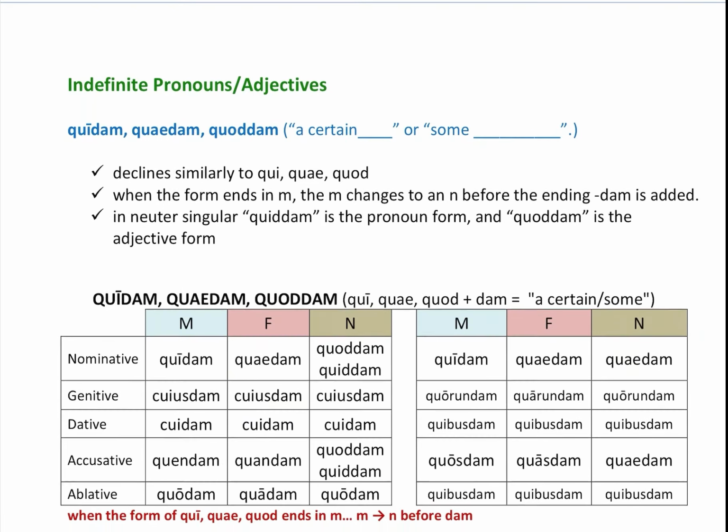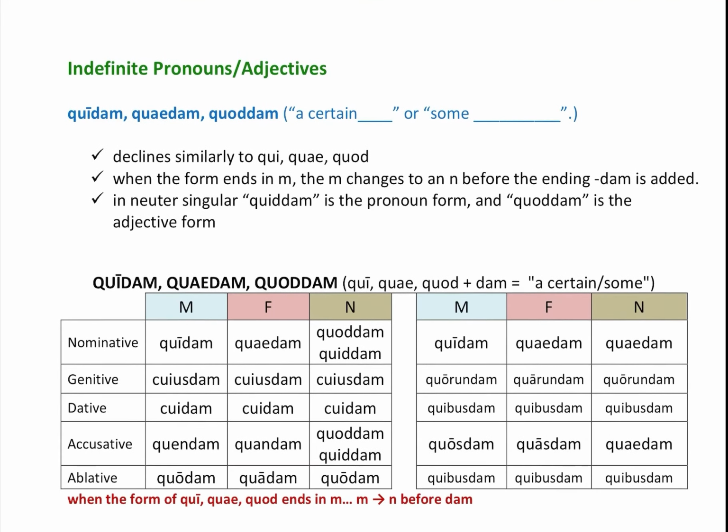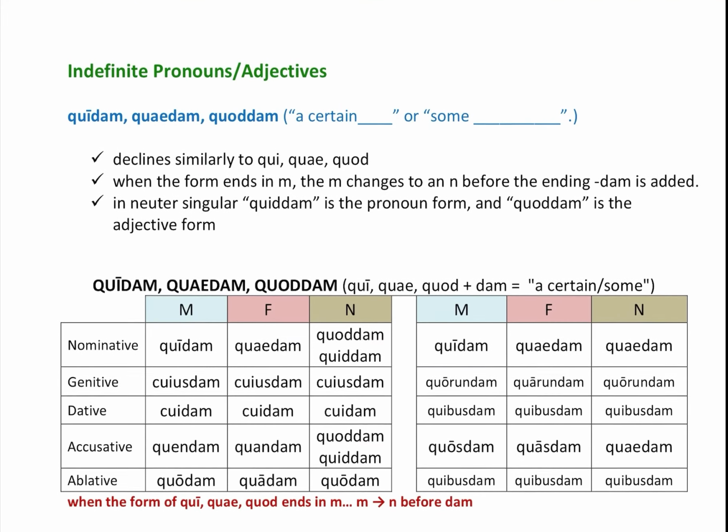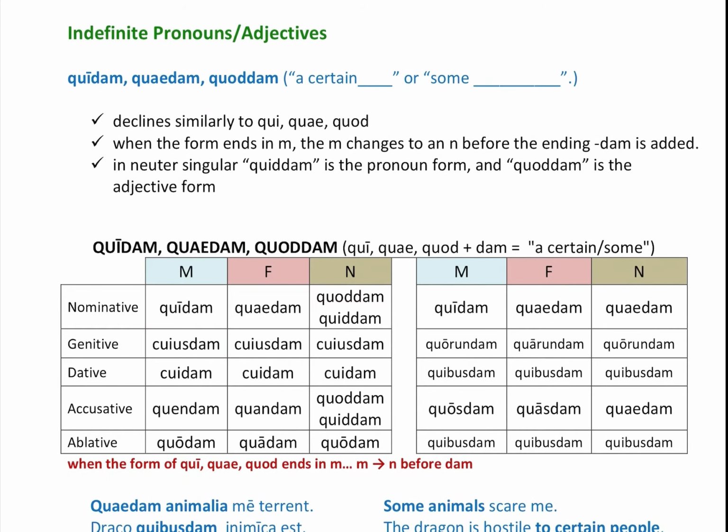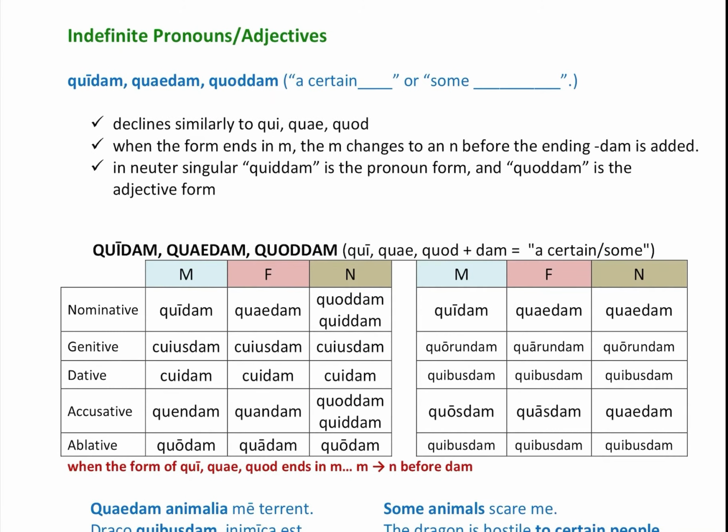All right, indefinite pronouns. Make sure you have your chart filled out. You're going to have this chart too, so you go ahead and pause at any point and get it filled out. So the indefinite pronoun quīdam, quaedam, quoddam, in English means a certain or some.